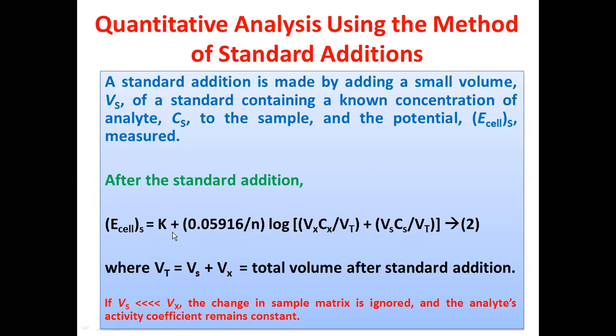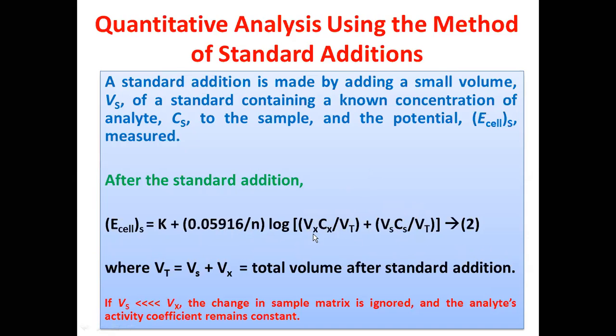So E cell of S is equal to K plus 0.05916 divided by n into log of Vx into Cx divided by Vt plus Vs into Cs divided by Vt, where these terms give you the total concentration of the analyte in the sample and in the standard.